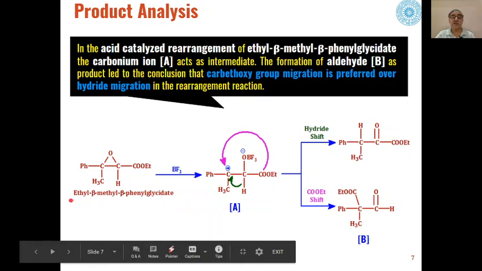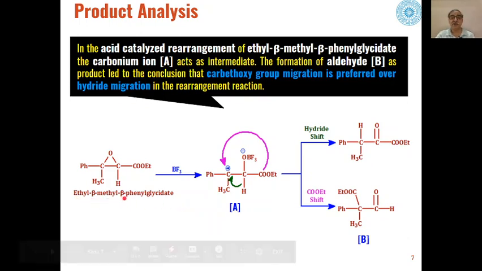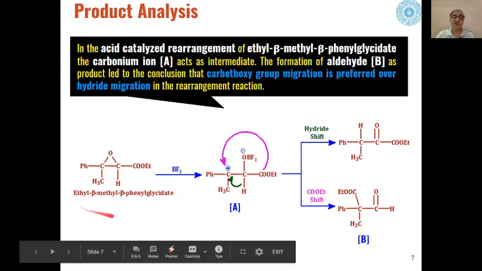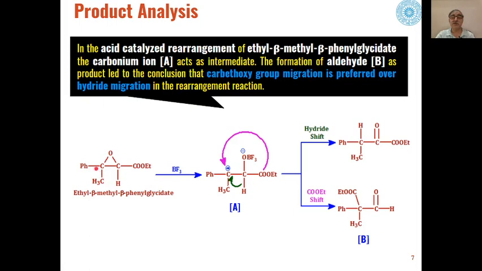Then another example is the acid catalyzed rearrangement of these types of esters, ethyl beta phenyl beta methyl glycidate. So this is beta carbon beta methyl beta phenyl glycidate.